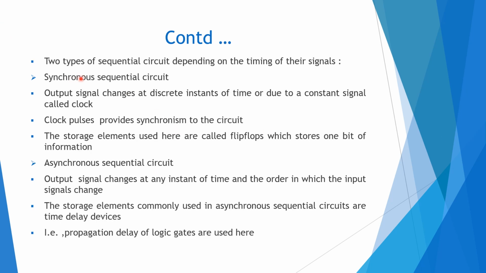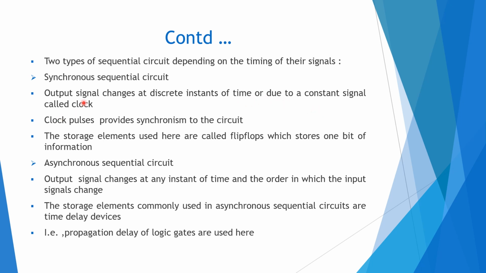In sequential circuits there are again two types, depending upon the timing of the signal: synchronous sequential circuit and asynchronous sequential circuit. In a synchronous sequential circuit, the output signal changes at discrete instants of time, due to a constant signal called clock.